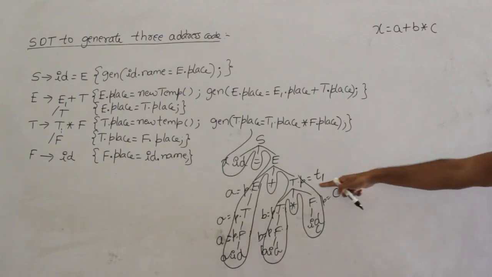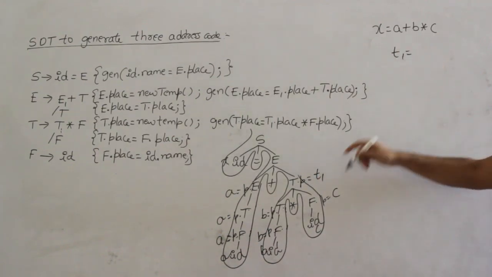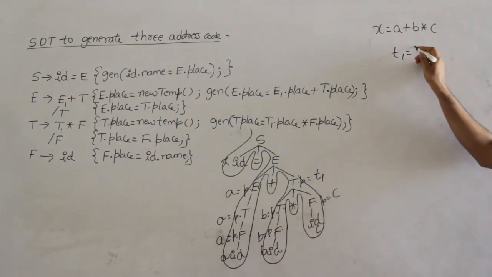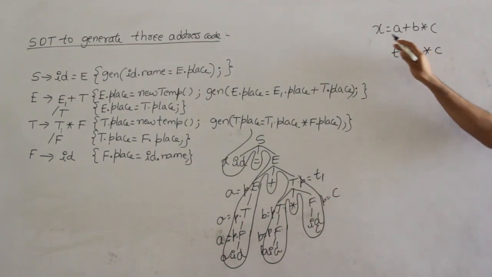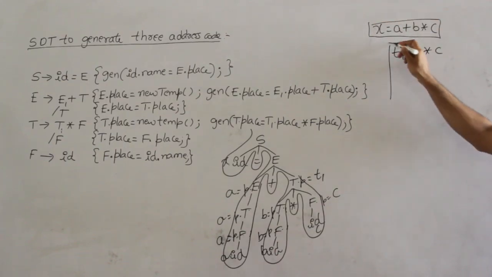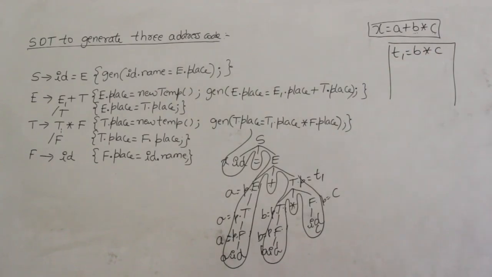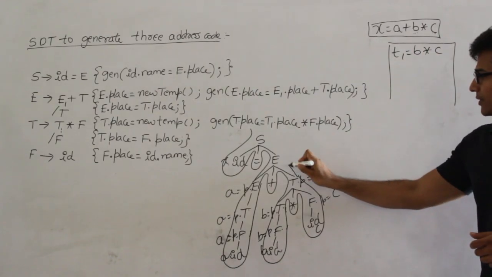So because of this reduction, output is going to be printed as t1 equal to b into c, which means this part is evaluated first, right?